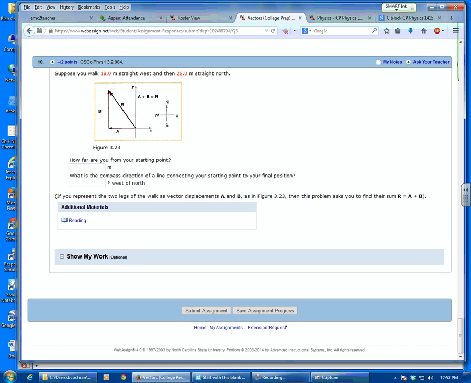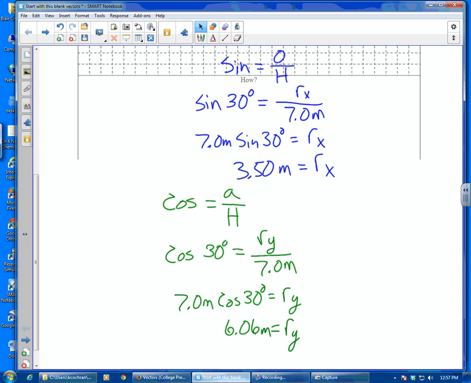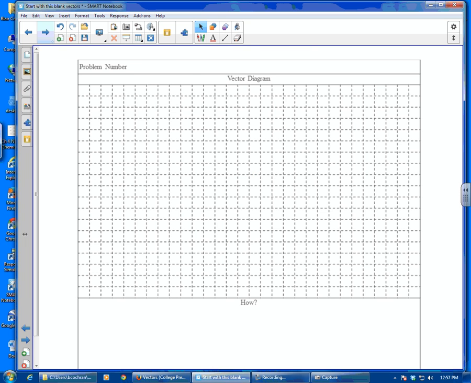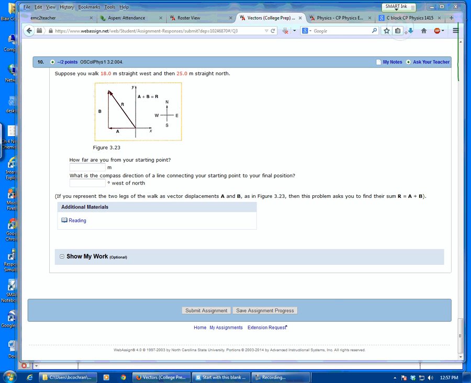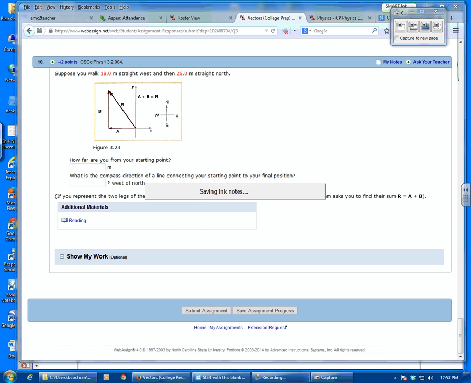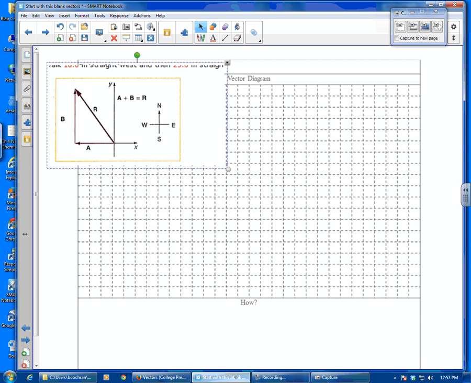The only thing we want to be careful of is what angle they're asking us to find. So let's grab this and get this going, and this will be good. This will be the opposite function of what we did last time. Should be a good thing.